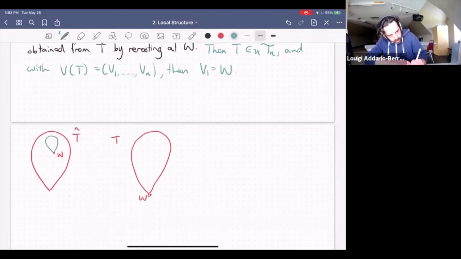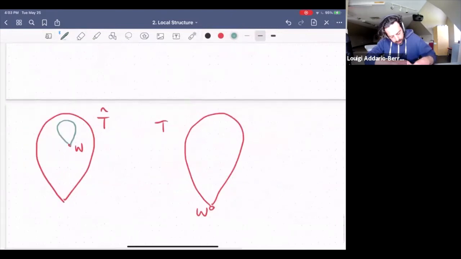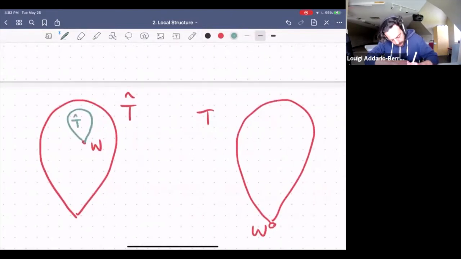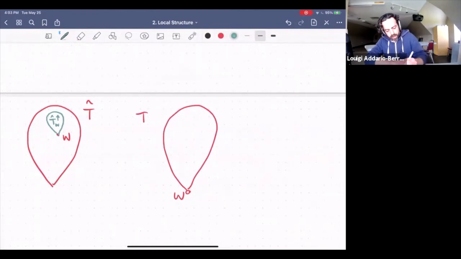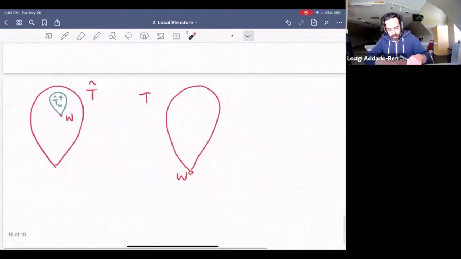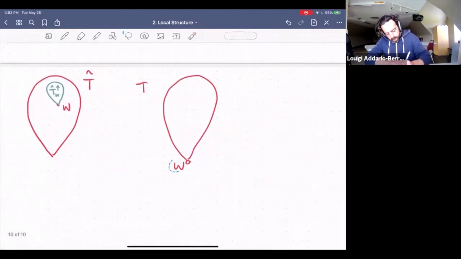What's this tree here? This is T hat W up arrow, right? So that's hanging around now somewhere near the root down here. But what I hope is that I can do this drawing like this.